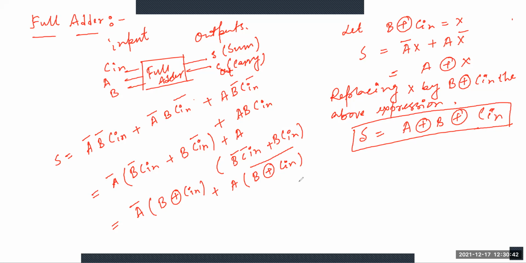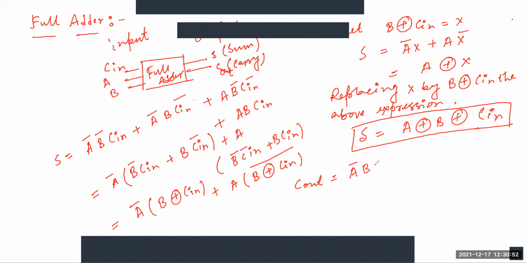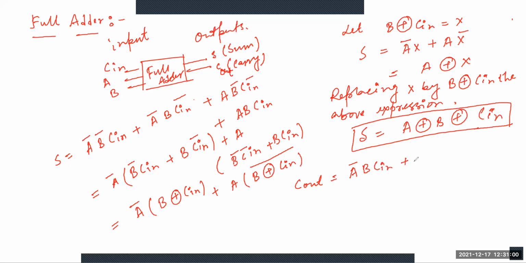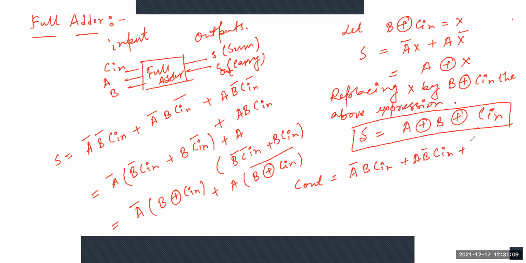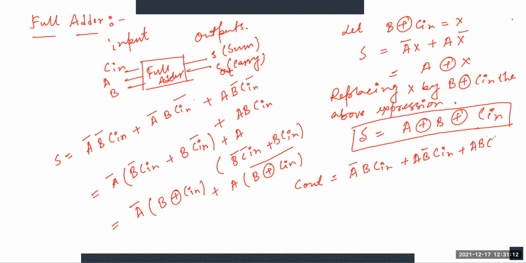So here the Cout equals to, from the truth table we can write, A B C in plus A B bar C in plus A B C bar in plus A B C in.